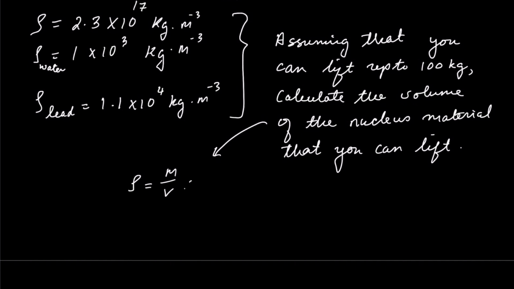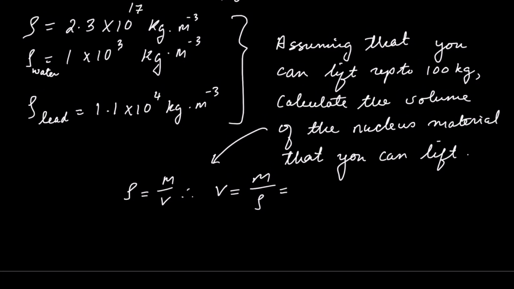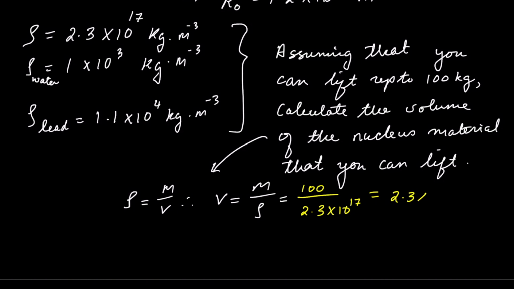Therefore, volume, which is what we're looking for, will be given by the mass over density. Let's stick some numbers in. 100 kilograms. We divide that by the density of the nuclear material, which is 2.3 times 10 to the power 17. Stick that in your calculator. You're going to get 2.3 times 10 to the power negative 15. That's so tiny.